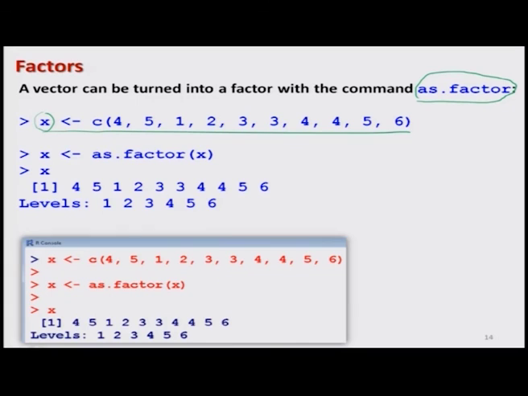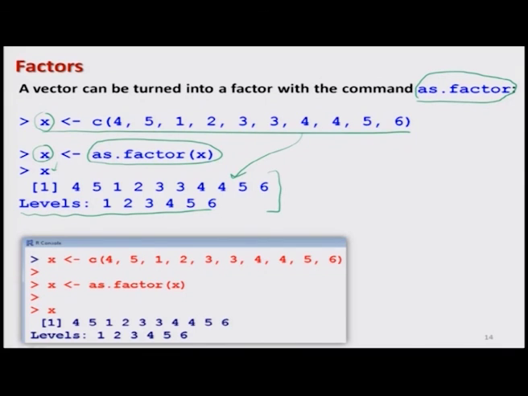So, I try to say as.factor x, and I try to replace my x by this. And now if I try to see x, you can see this comes out to be a different type of thing, that here these are the values, but now it is also giving us the labels.